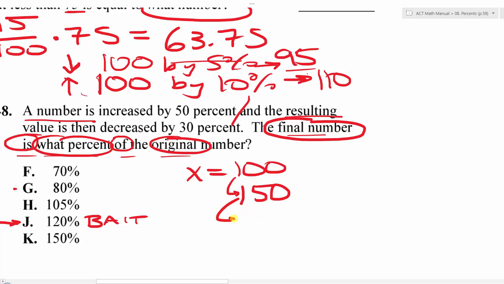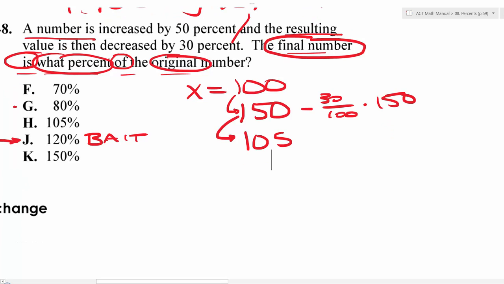So this number, 150, we have to take away 30% of 150. So 150 minus 30% of itself is going to give us 105. By the way, you can just use your calculator for that. Keep in mind you could have also taken 70% of 150 because we're decreasing 150 by 30%. That's the same as taking 70% of 150.